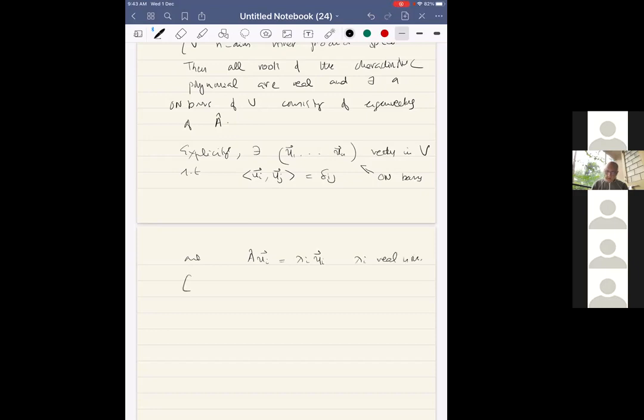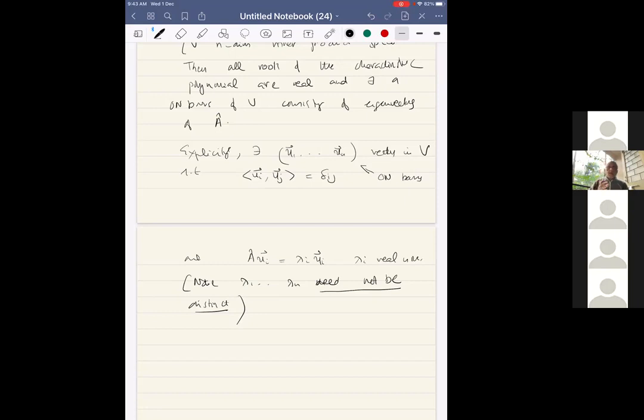Now, note lambda 1 to lambda n need not be distinct. I'm not claiming that the roots of the characteristic polynomial are n distinct real numbers, but the characteristic polynomial will have n real roots counted possibly with multiplicity.